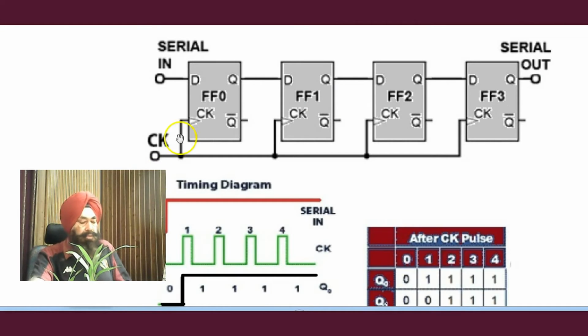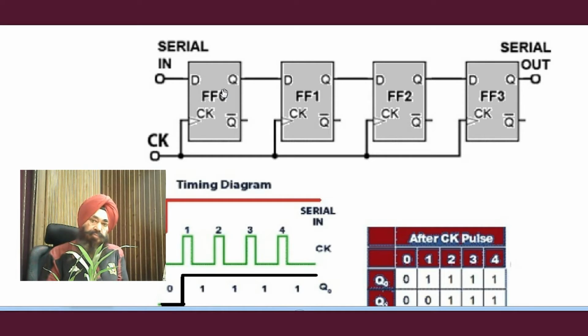Now we discuss serial in, serial out. Serial in, serial out register, serial in data and serial out data. This register is made up of 4 flip-flops: FF0 is first, FF1, FF2 and FF3.